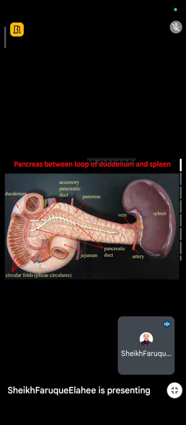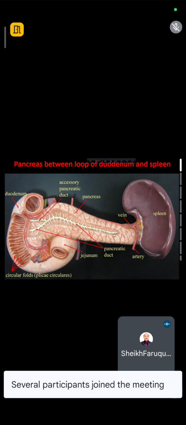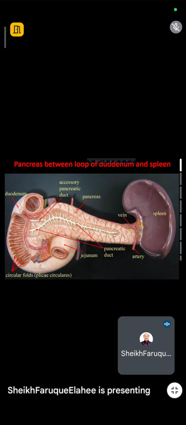And the endocrine part is only 1 to 2%. Some small cells are distributed here and there, and all together they combine to only 1% to 2% of the whole pancreas. They secrete some hormones, and one of the chief hormones is insulin.